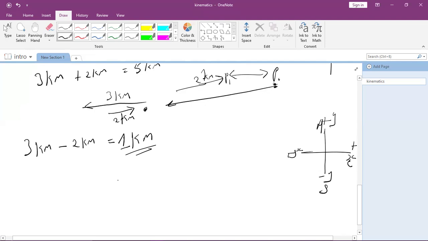So west is negative. That means she went minus 3 kilometers west. Then she turned around to go to the east. And when you're going to the east, this is positive, right? That will be plus 2 kilometers east.